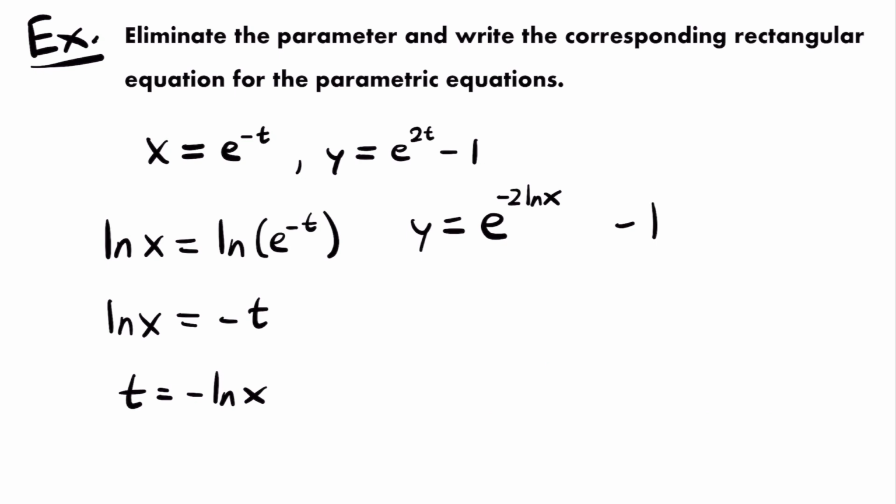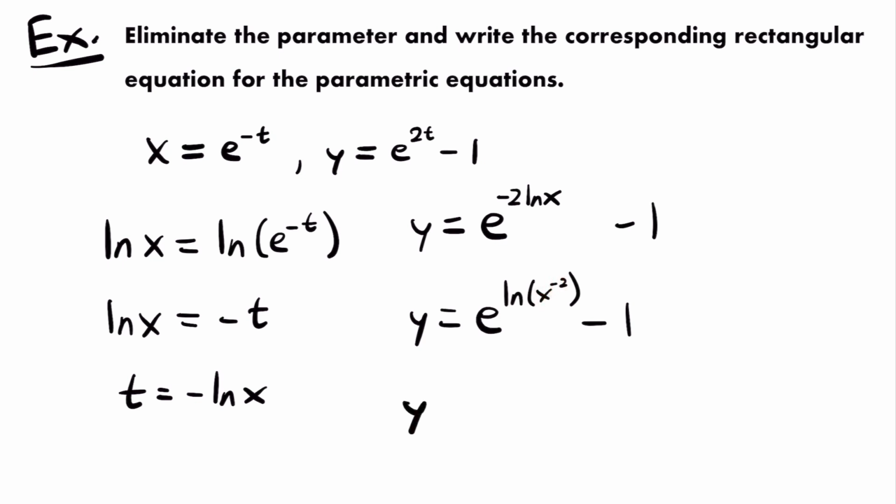So what we have here is that y is equal to e to the power of the natural log of x to the power of negative 2, right? We move that negative 2 out front to be the power of x, and we still have to subtract 1. And now e and the natural log will cancel each other out and leave us with x to the power of negative 2.